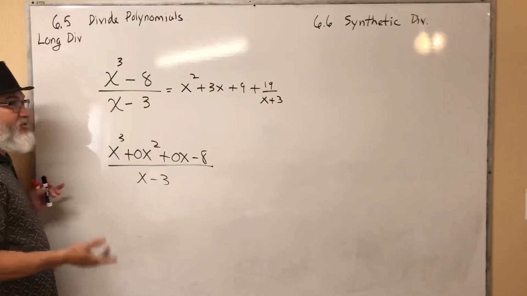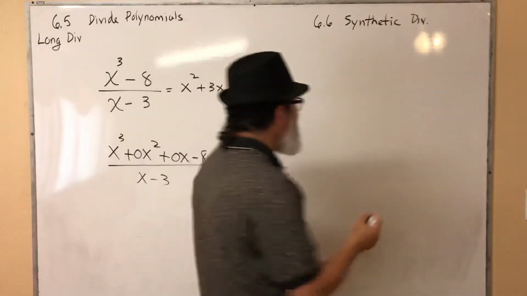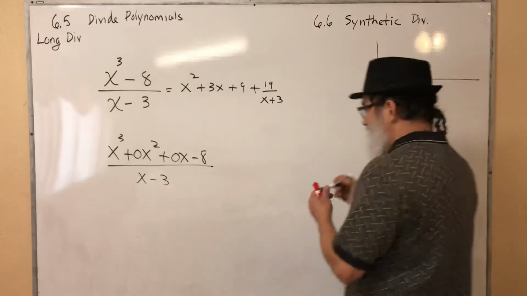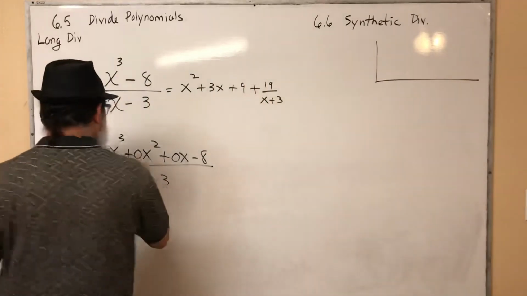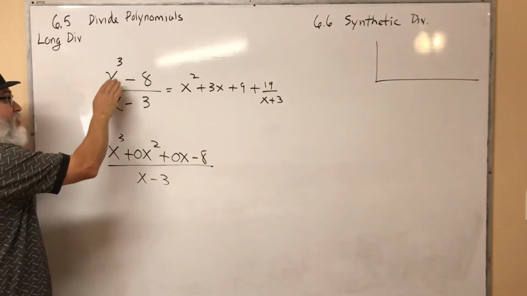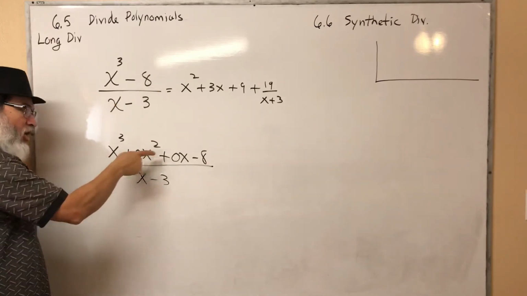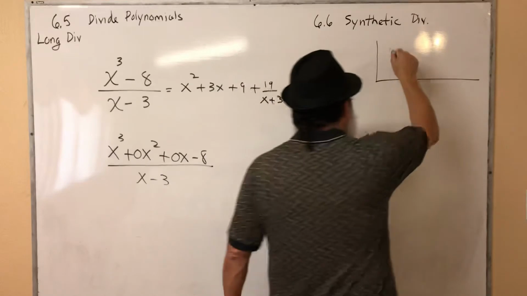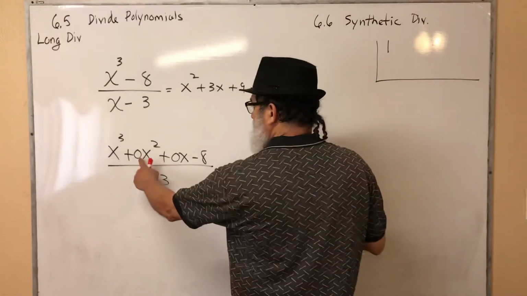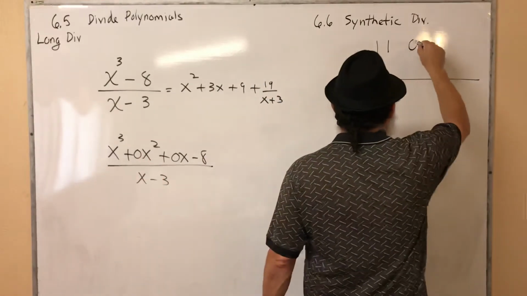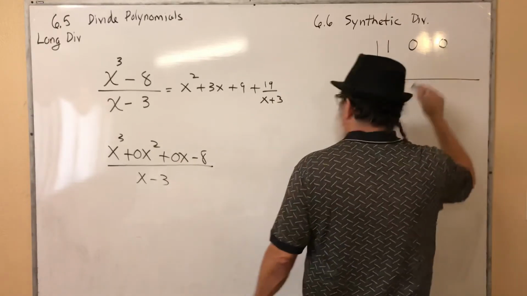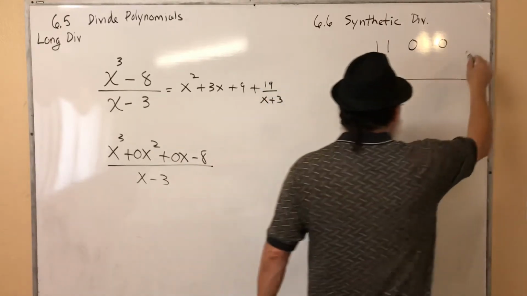Okay, so let's do it. First, take the coefficients of x cubed minus 8, and there they are. I see a 1, a 0, a 0, and a negative 8.